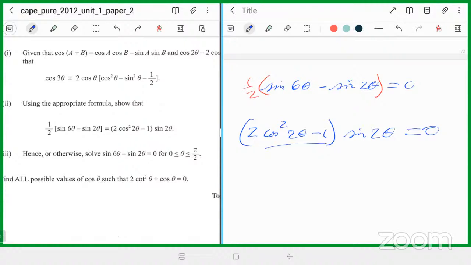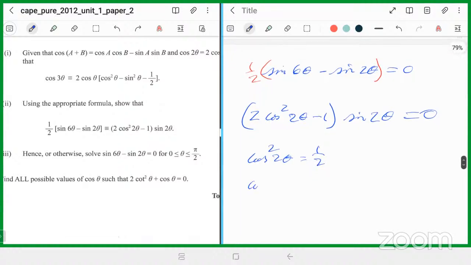So this factor equal to 0 gives us cos squared 2 theta equals a half. Square root it and get cos 2 theta equals plus or minus 1 over root 2.